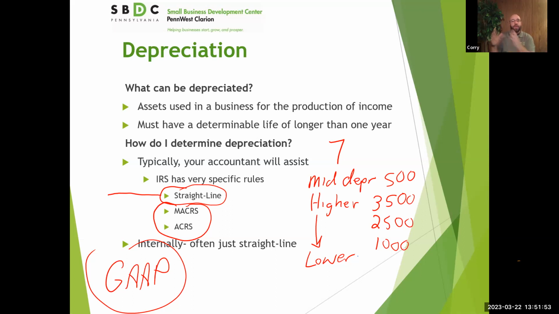So then they'll take this depreciation schedule and they'll actually go back to December 31st, 2022, and they'll enter the depreciation expenses that are on that schedule into their bookkeeping system. So that's another way to input your depreciation.